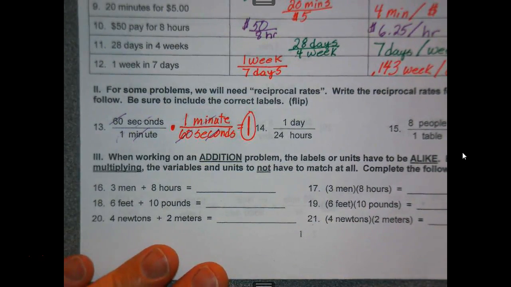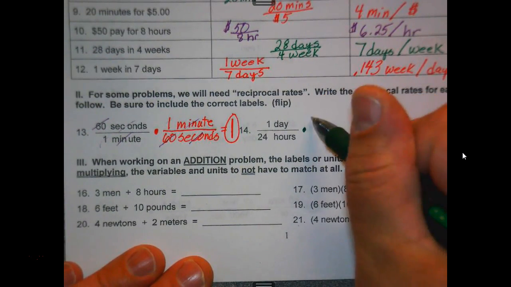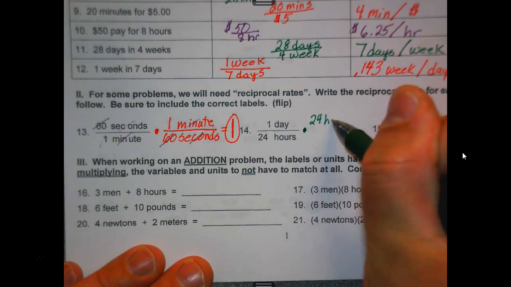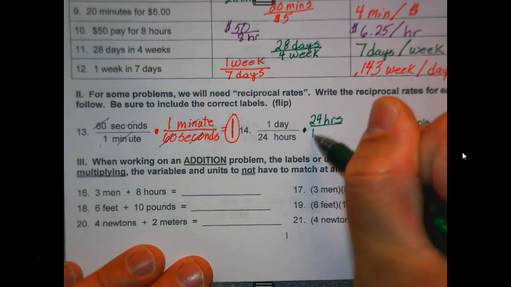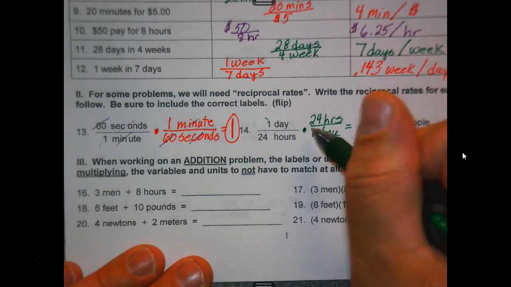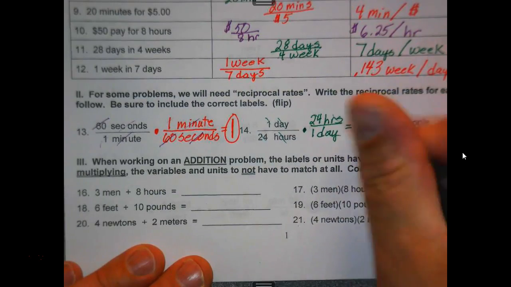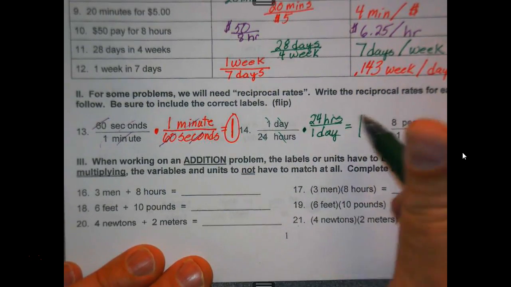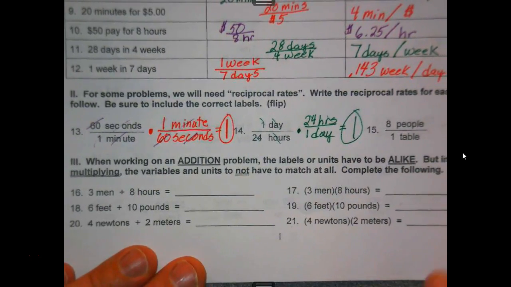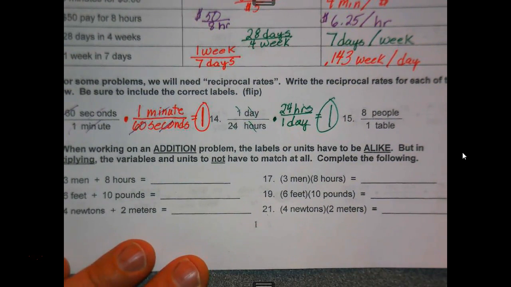Okay, 14. If I multiply this by the reciprocal, 24 hours over 1 day, I also get the number 1. Everything cancels out to 1. You're going to actually do this on 1.7.